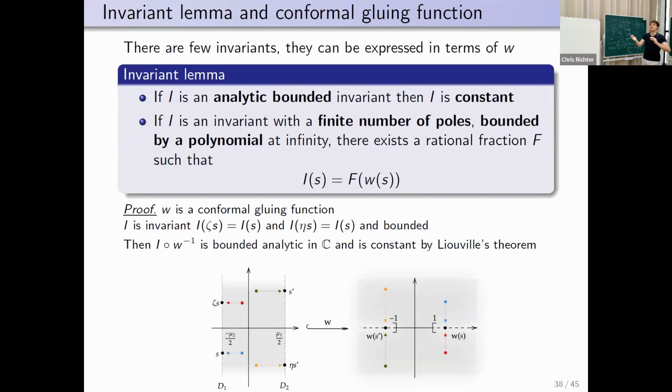So you have a bijective function which is analytic, and the arc cos is also analytic and bijective from this domain to this domain, and thanks to this and thanks to the invariant property.